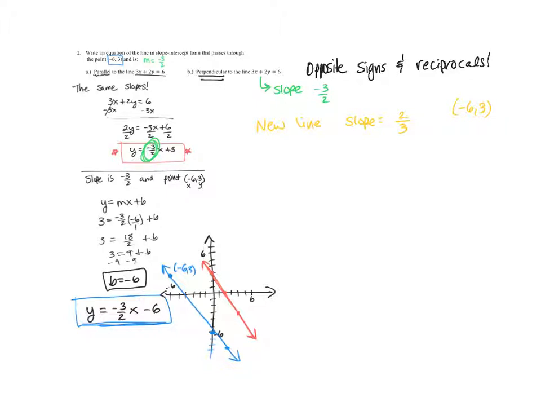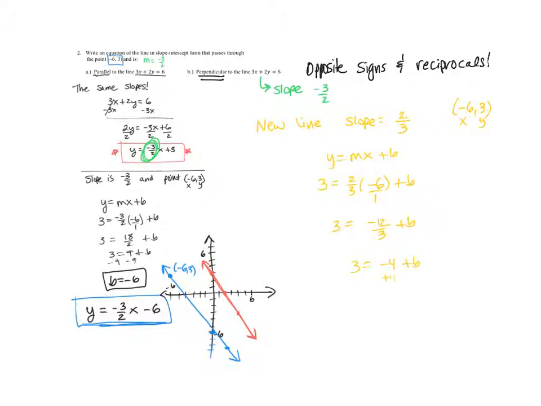Okay, so here we go. y equals mx plus b. Plug in the y value of 3. There's our y, there's our x. Our slope is 2/3, and then times x, and then we'll solve for b. So multiplying our fractions, we'd get -12/3, which is -4.